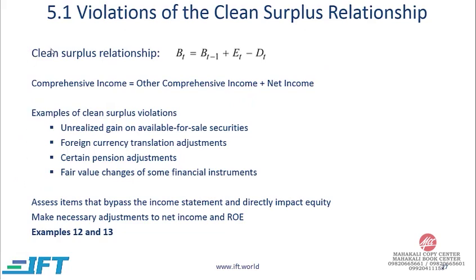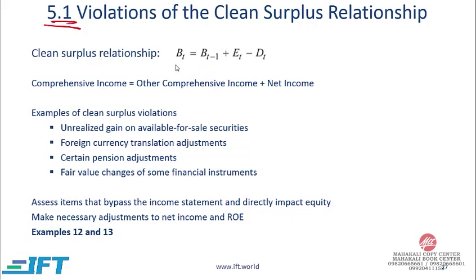Let's start with what I think is extremely important in this context, which is violations of the clean surplus relationship. One of the assumptions in using the residual income model is that the clean surplus relationship holds. And let us just refresh our memory here. What is the clean surplus relationship? This is the relationship which says that all changes in equity flow through the income statement.